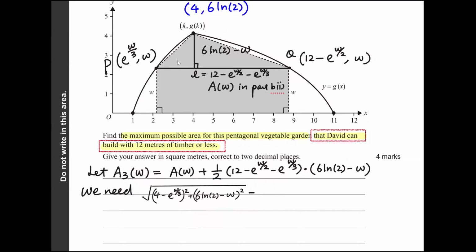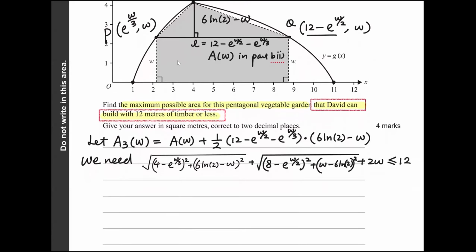We also need another side, plus 2W less than or equal to 12. So we have 12 minus e to the power half W minus 4. That is (8 minus e to the power half W) squared plus (W minus 6 natural log of 2) squared. I should make this square root sign marginally longer, okay?